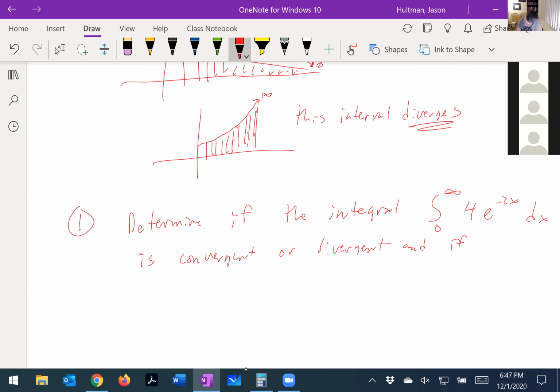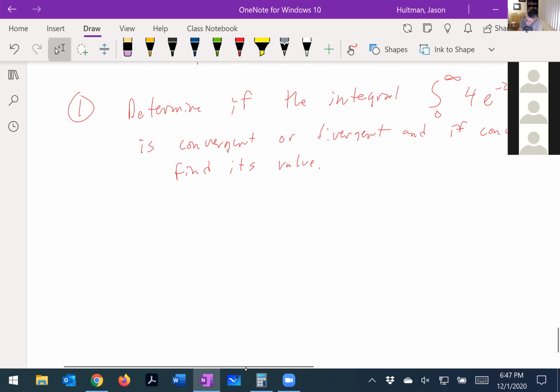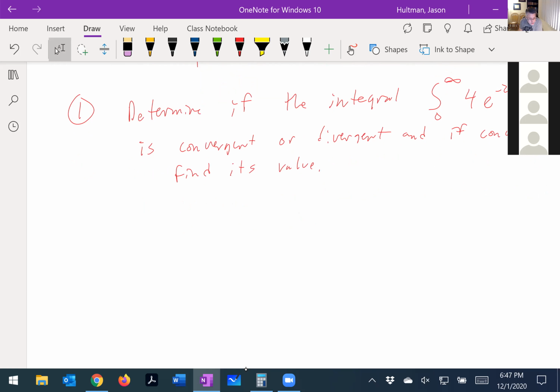And if convergent, find its value. Okay, so this thing does converge, but let's just see why it converges.